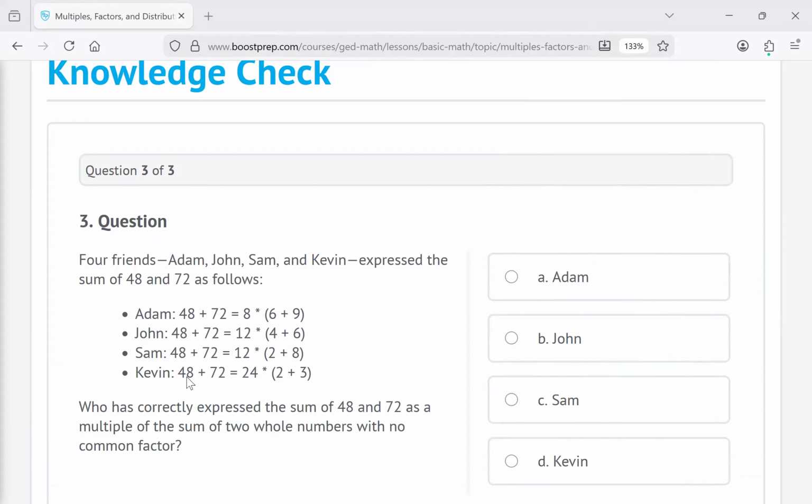Sam: 48 plus 72 is 12 times 2 plus 8. Kevin: 48 plus 72 is 24 times 2 plus 3. Which group has correctly expressed the sum of 48 and 72 as a multiple of the sum of two whole numbers with no common factors?